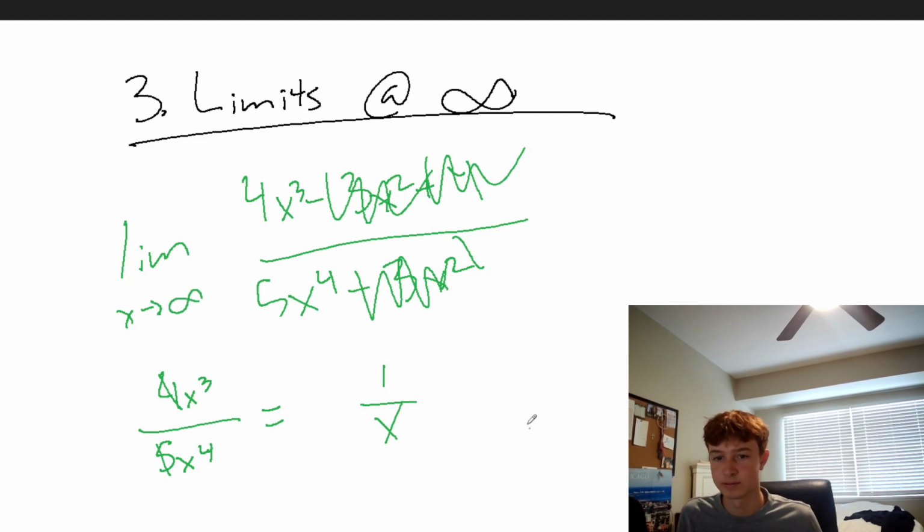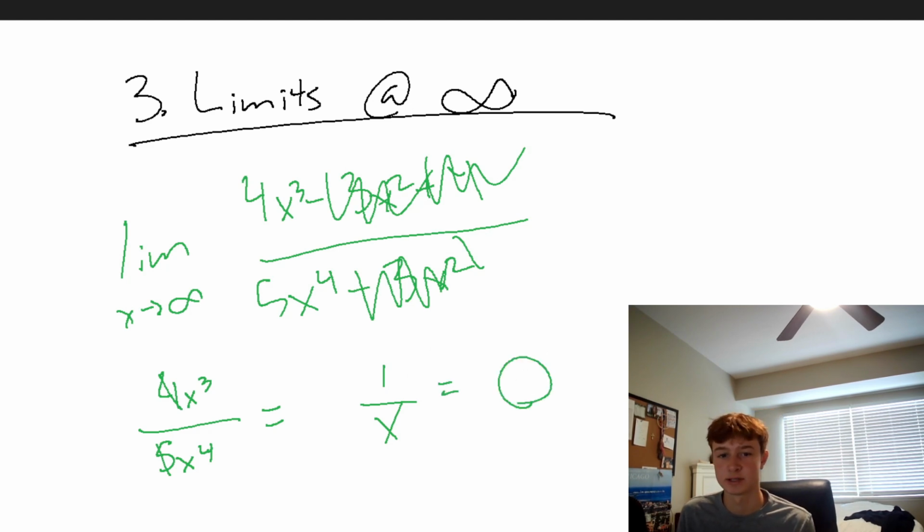And 1 divided by infinity is essentially 0, because 1 divided by 5 is 0.2, right, which is a small number. But then if we divide it by 10, we have 0.1. And if we keep making that denominator larger and larger, it'll eventually be essentially 0. So this is going to equal 0.